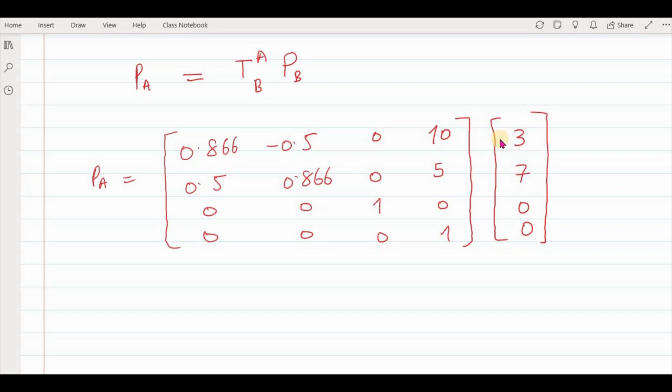When you multiply this, the values we get are 9 and 12.6. So this will be the position of your point in your reference frame A. Along the x-axis it will be 9, along the y-axis it will be 12.6, along the z-axis it will be 0.